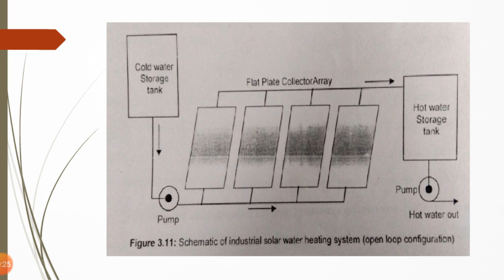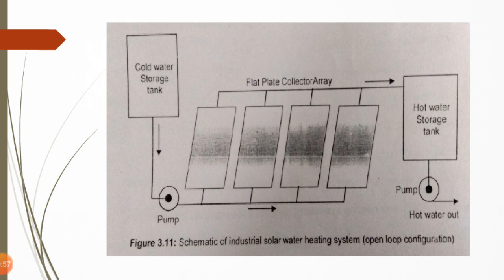The solar radiation is converted into heat energy, and this heat energy is provided to the working fluid, that is the water, and in this way the heating of the water takes place. This heated water is collected in another tank, which is insulated from the surroundings because it is used for hot water storage. So this is a separate tank, and the hot water is stored in that tank.